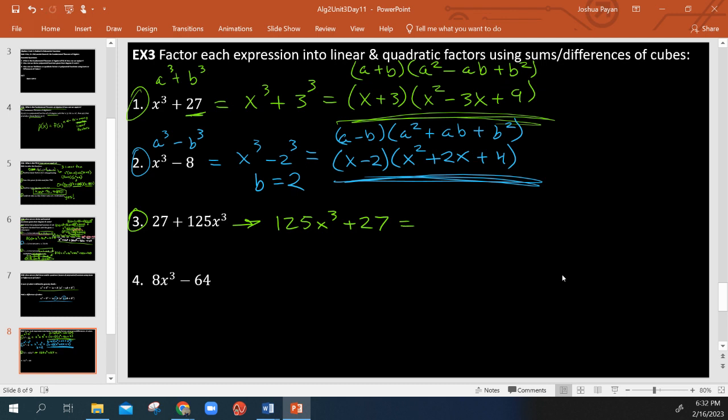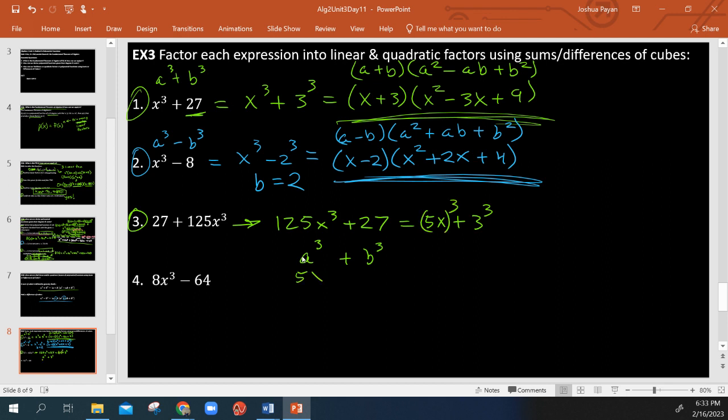Anyway, this is where it gets tricky. This is in the form a cubed plus b cubed, but the question is, what exactly is a? b is obviously 3 to the third because we saw that already. But what is a? You have to think what number to the third power would give you 125x to the third. The trick is to take the cube root and work back from there. What we end up with is 5x all to the third power.